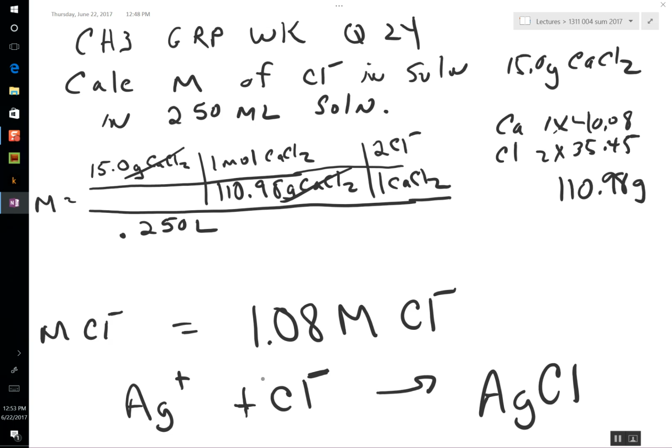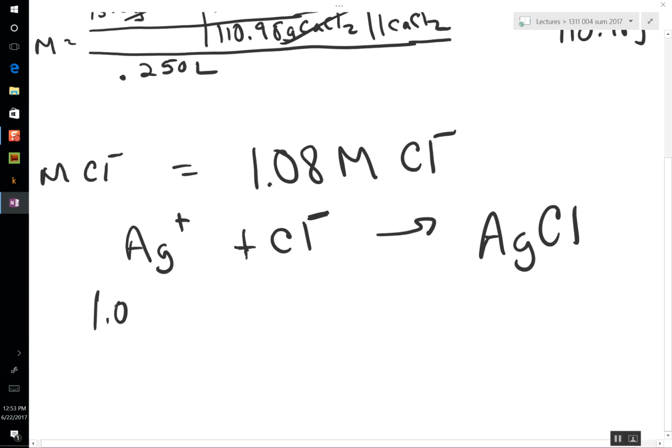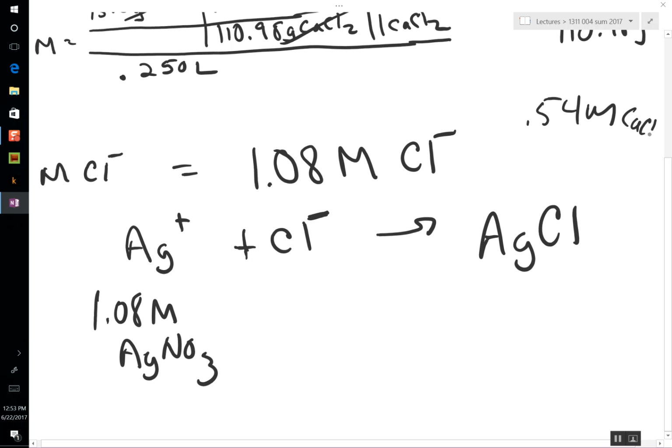All right, so you would want something like 1.08 molar silver nitrate reacting with this solution, which is really only 0.54 molar calcium chloride, right?